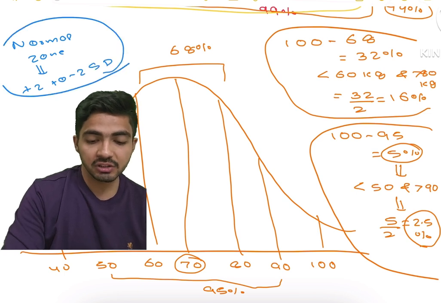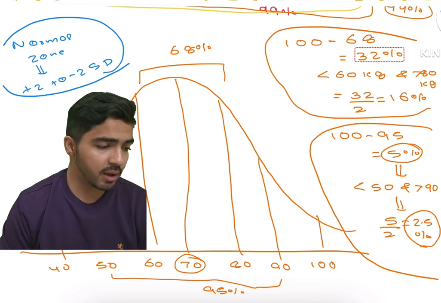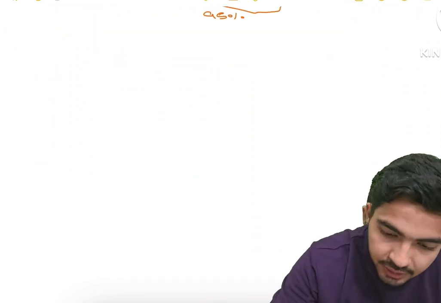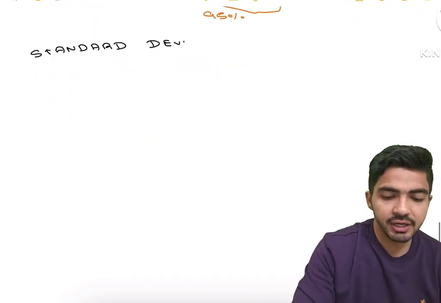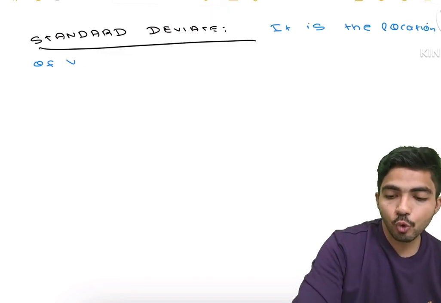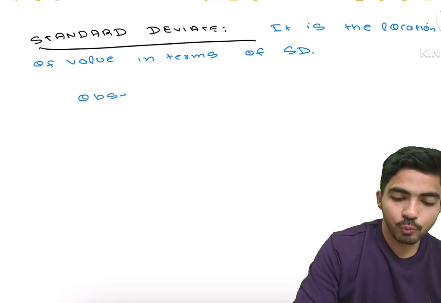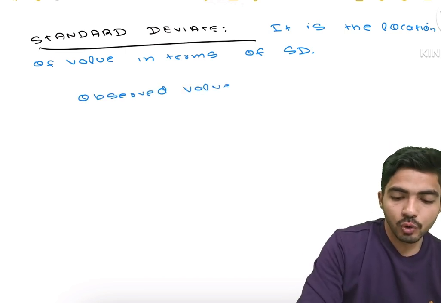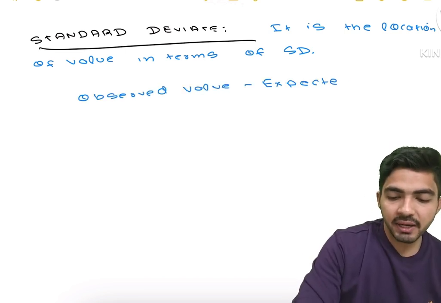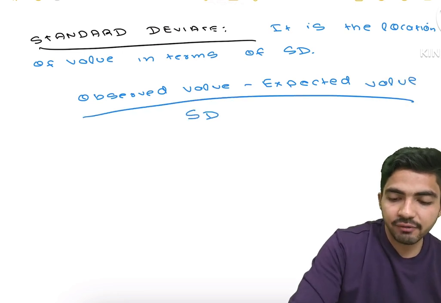So in this case, the normal weight would be, of course, 50 kilogram to 90 kilogram. The next term is standard deviate. It is the location of a value in terms of standard deviation. It is given by the formula: observed value minus expected value, divided by standard deviation.